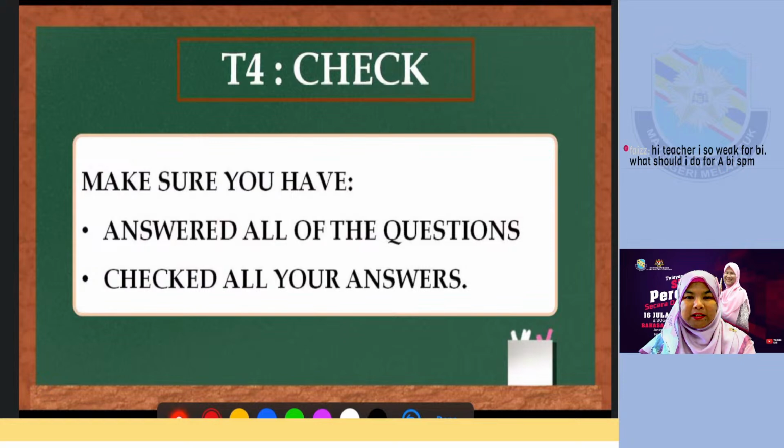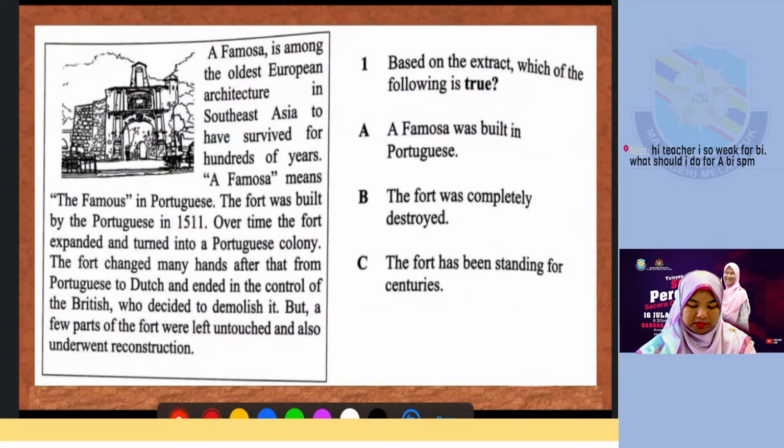Okay, let's try this one. Let me read it for you. This will be an extract from information. A Famosa is among the oldest European architecture in Southeast Asia to have survived for hundreds of years. Famosa means the famous in Portuguese. The fort was built by the Portuguese in 1511.